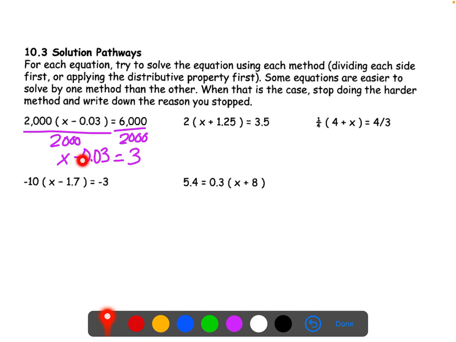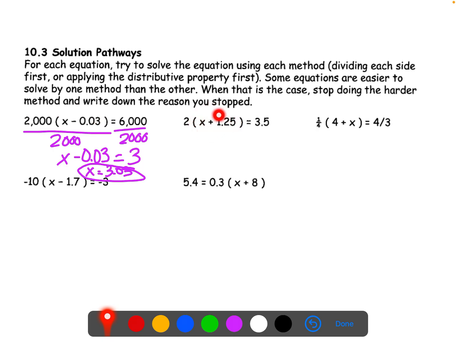I'm doing the inverse operation, and I'm going to add 3/100ths to this side. So x equals 3.03, 3 and 3/100ths. Okay, now that's a much easier way of doing it than trying to figure out some of these multiplication problems and then eliminating them in the end anyway. Let's look at the next one.